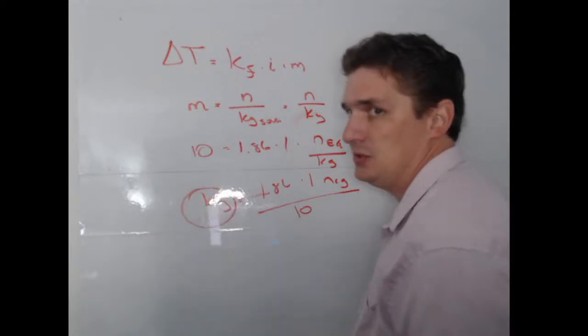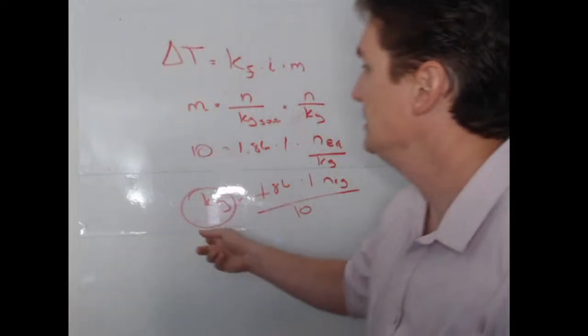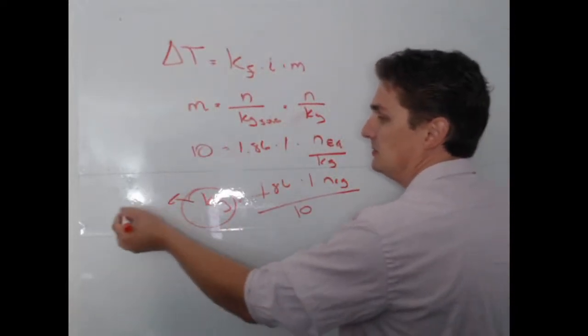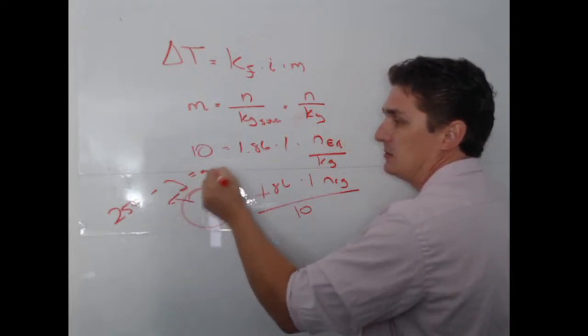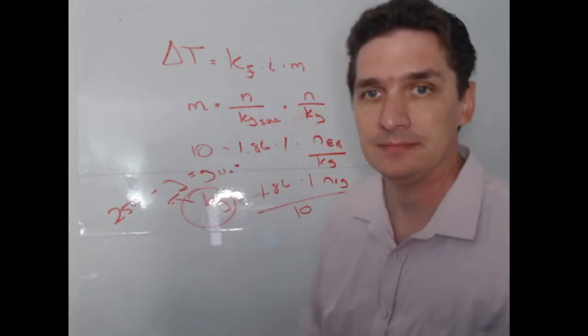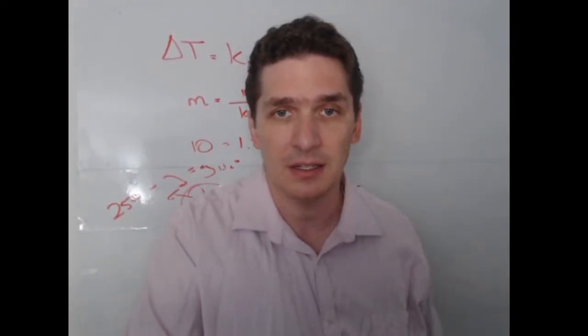This is how much water was used to dissolve the solute. So whatever mass you get here, you're going to subtract that from 250. So 250 minus, and you need to convert this to grams, that'll give you the grams of water that's frozen out. Yeah, that should be moles of ethylene glycol.